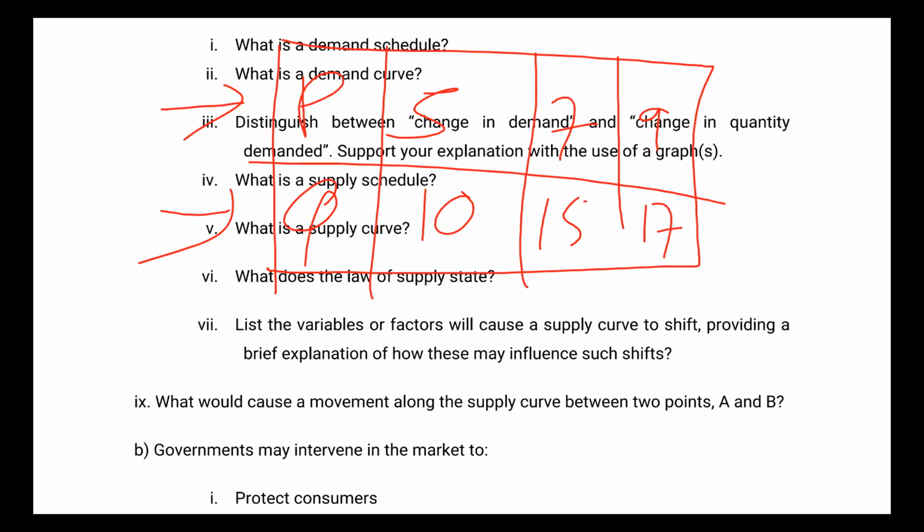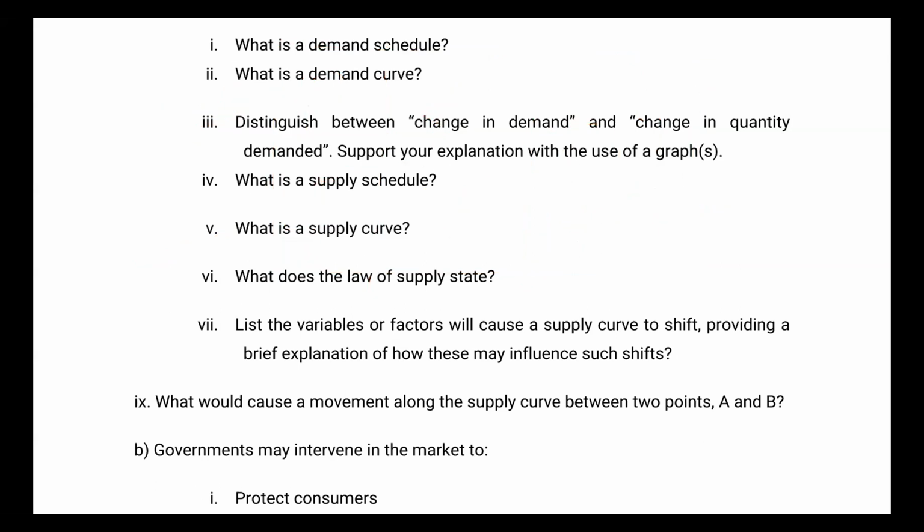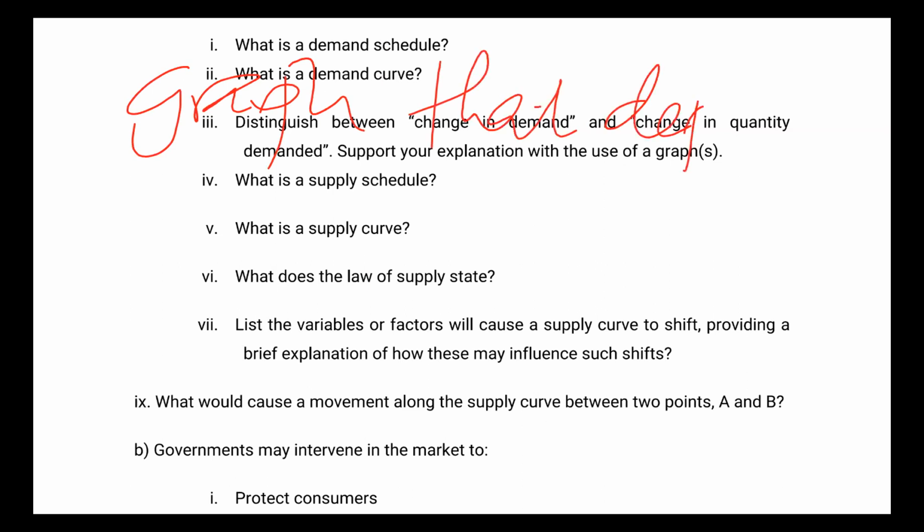So that is what a demand schedule is. Then a demand curve, which is the second question. A demand curve is a graph that depicts the relationship between the price and the quantity demanded. Is that clear? So it is basically a graph. You can find these things in the same notes I sent you or in the previous lectures.